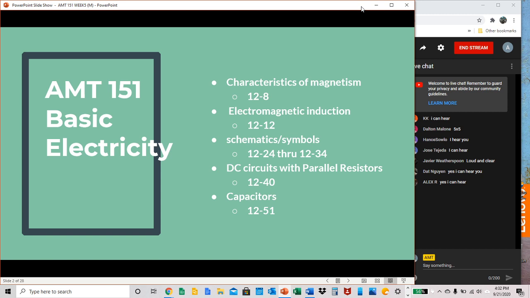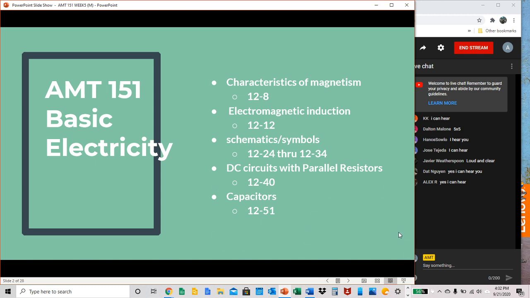We're going to go through just a very brief introduction of electromagnetic induction. That is covered more in depth when you guys are taking your NDT class, non-destructive testing, but there is a lot of information about that on page 12-12. We'll talk about some common schematics and schematic symbols.